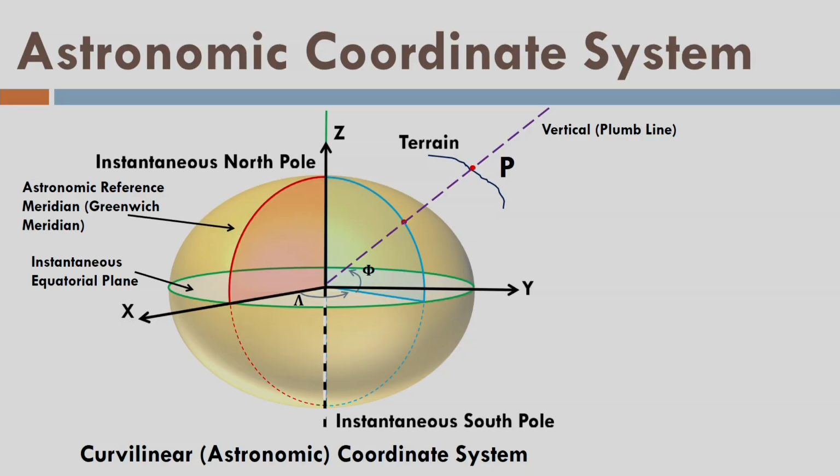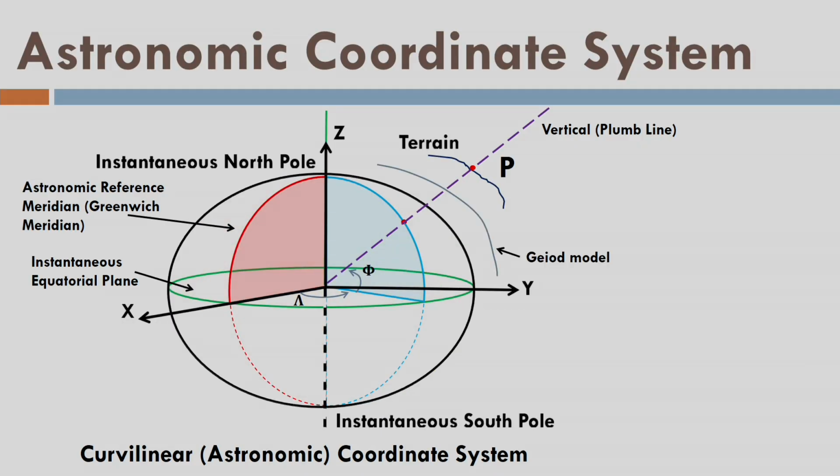I need to fix the point P, and for that I take a geoid model. Remember the geoid model could be a local geoid or a global geoid. Let us assume it to be global, but remember it is decided by the mean sea level variation. Say from the geoid I measure this height of point P and call it capital H, and this height is nothing but the orthometric height.